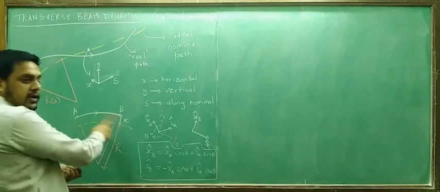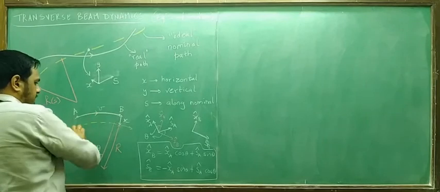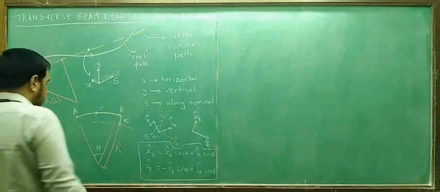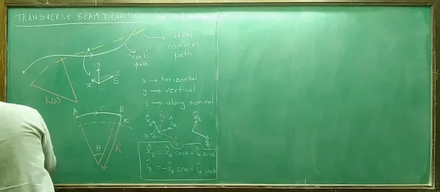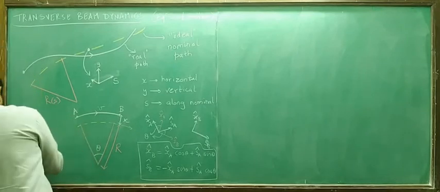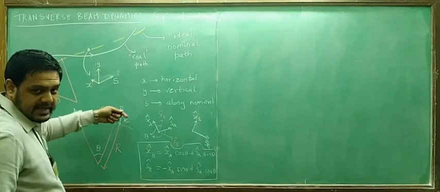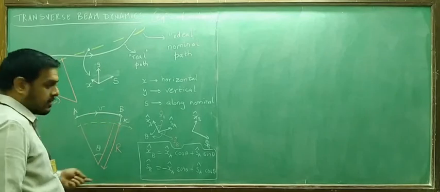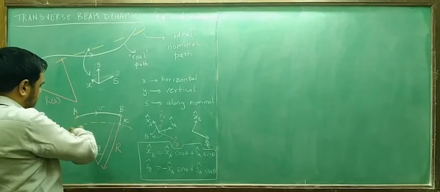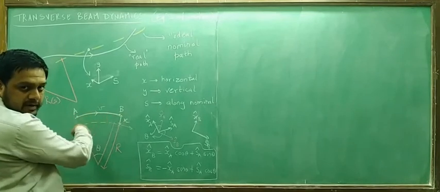Another thing you will notice about this whole thing: the original velocity of the particle, let us call it v. Then we can write v upon s dot, that is the velocity with which the particle is actually moving divided by the velocity with which it would have ideally moved, assuming that the reference point on the nominal trajectory and the actual particle move at the same angular speed.